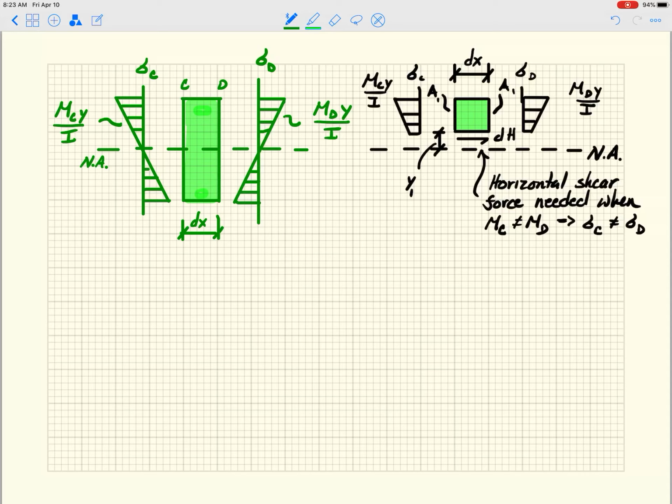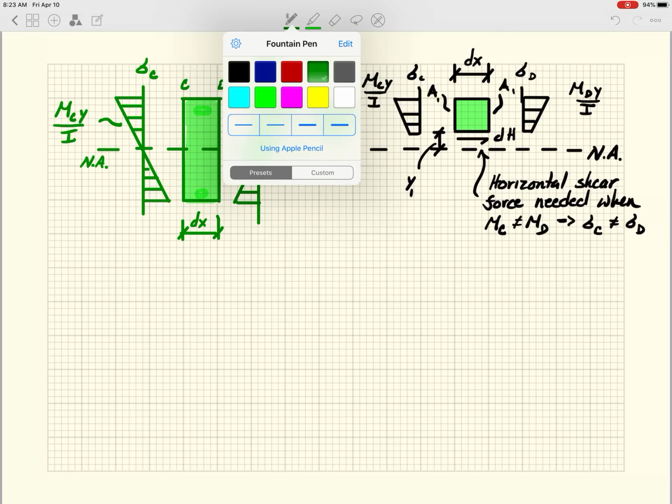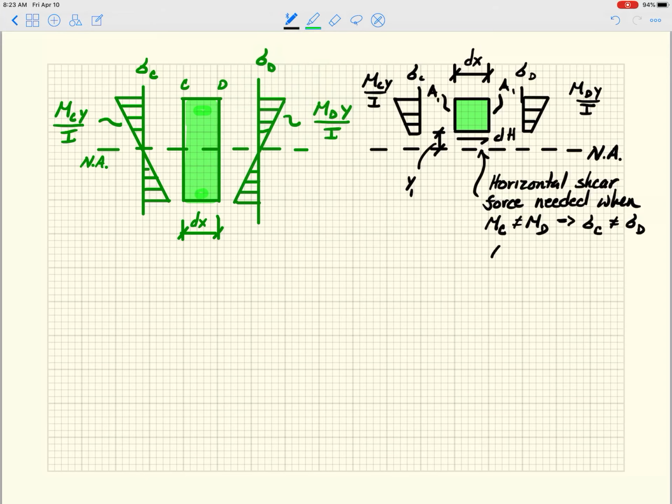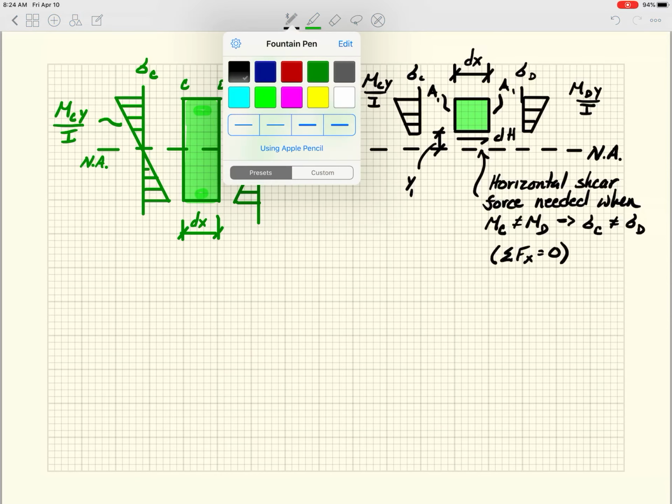It's the only way that I can maintain equilibrium in the x direction. So maybe I can put that this is the sum of the forces in x equals 0. If the integral of MC y over I over A1 is not the same as MD y over I integrated over A1, then I have to get this shear force.